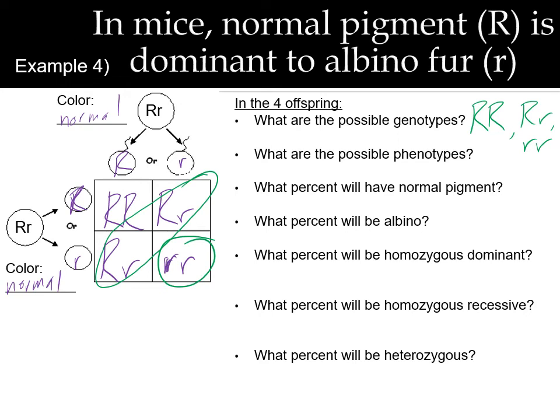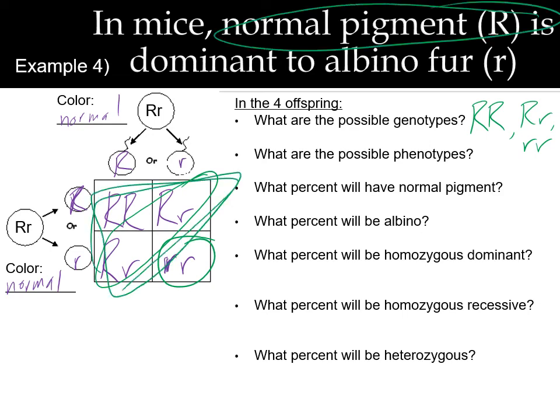What are the possible phenotypes? So we can either have normal pigment with any of these three options right here that have the big letter. We can be normal fur color. Or now, because we have one with just the two little r's, we may actually see some albino mice too. The 25% chance, 1 in 4, that will get an albino phenotype also.